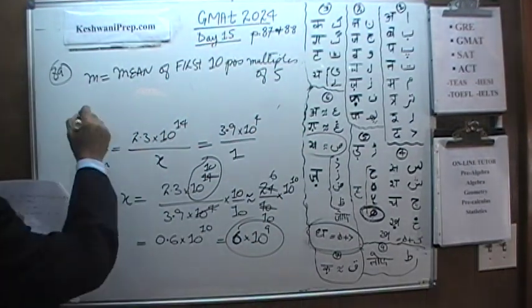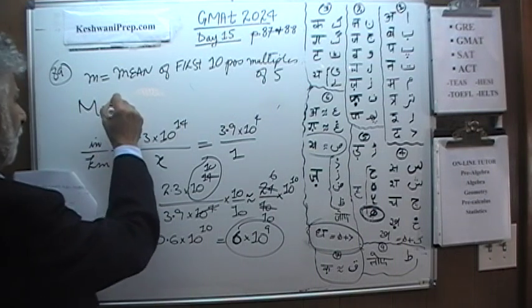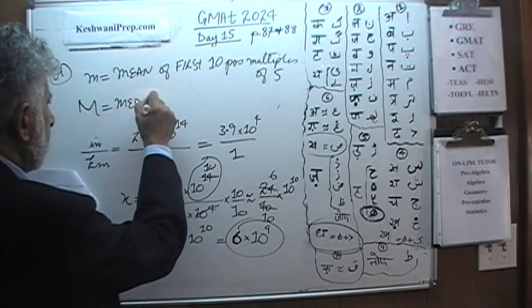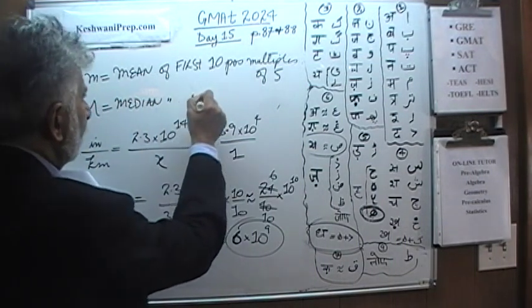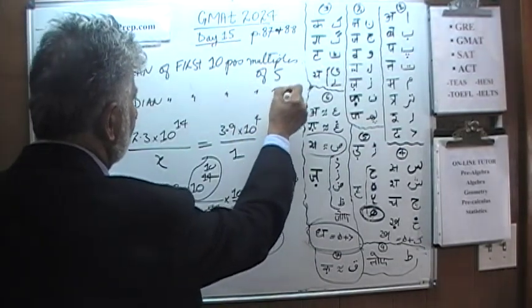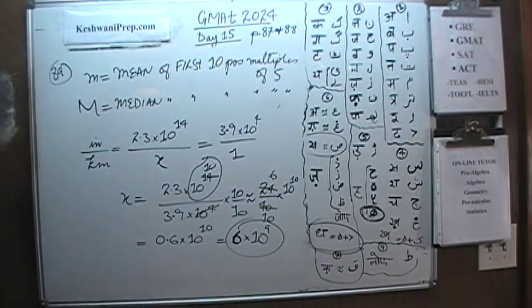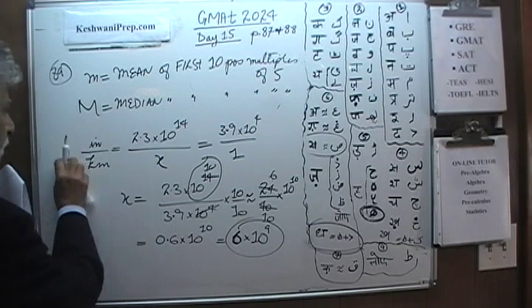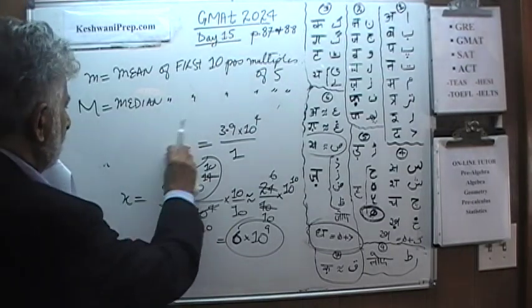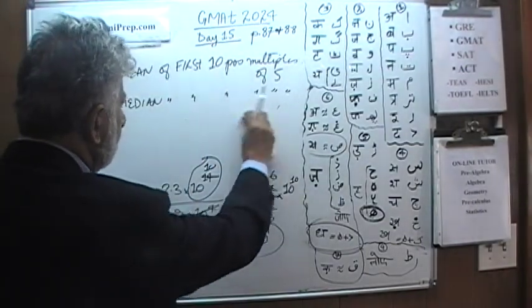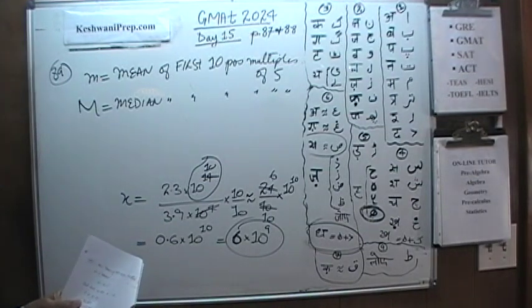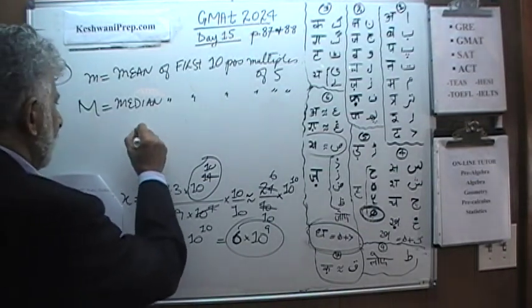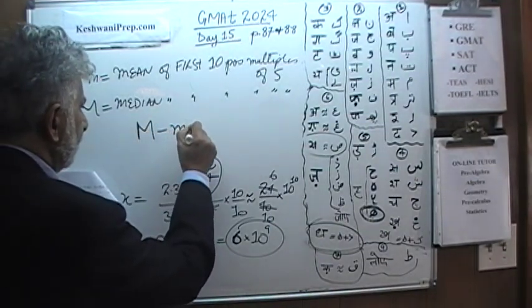And we are told that capital M equals the median of the first 10 positive multiples of 5. Same thing. The question is quite straightforward: how much is the median minus the mean?